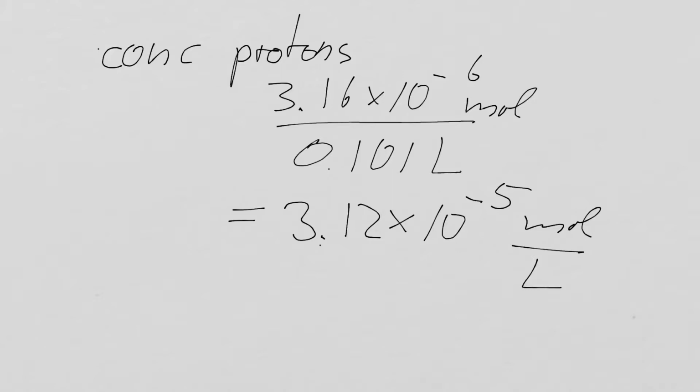Now we have our concentration of protons in these 101 milliliter. So we can now calculate the pH. pH is minus log of 3.12 times 10 to the minus 5.